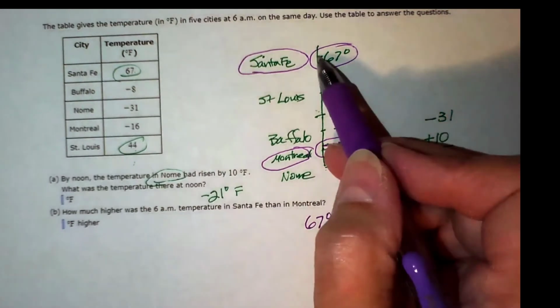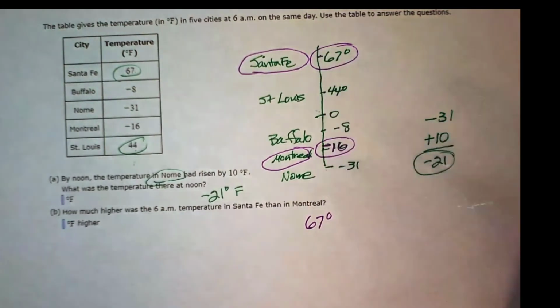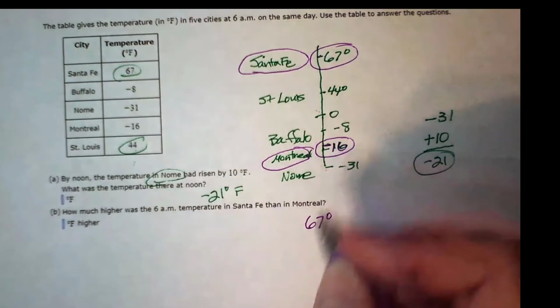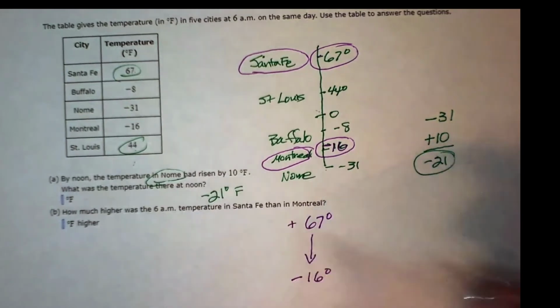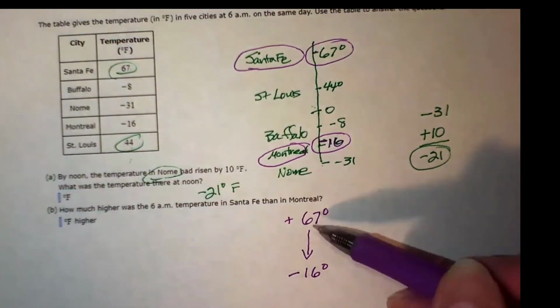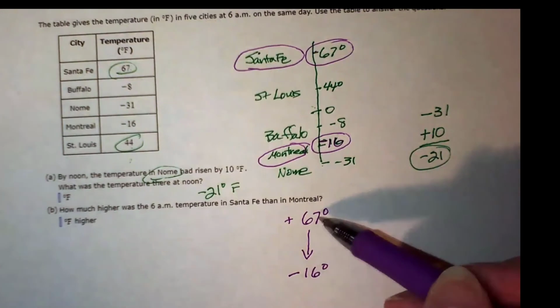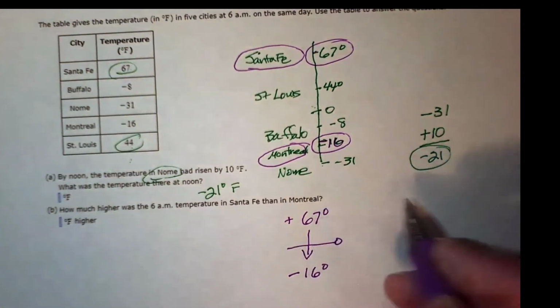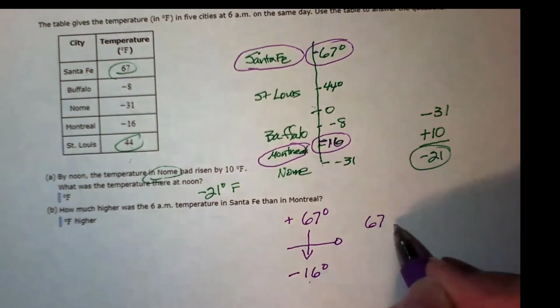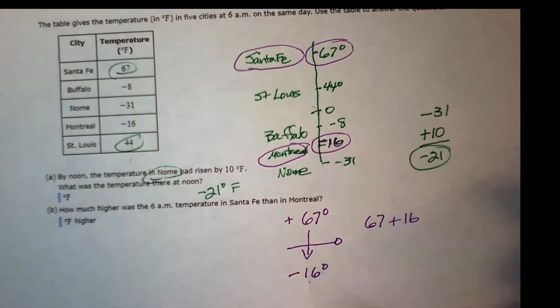This is not a negative sign, it's just a little mark on the thermometer, all the way down to -16 degrees. If 0 degrees is here, it's going to take me 67 degrees to get that far and another 16 degrees to get down to -16.